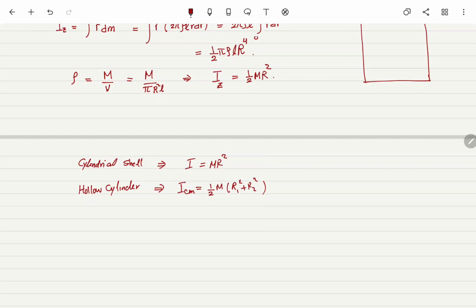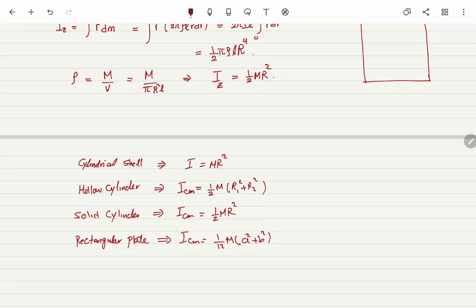Now for a solid cylinder, the moment of inertia about its center is equal to half m r square, and for a rectangular plate, the moment of inertia about its center is equal to 1 over 12 m (a square plus b square), where a is the width and b is the length of the rectangular plate.